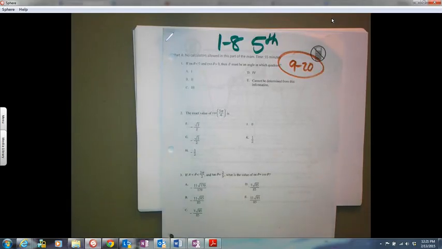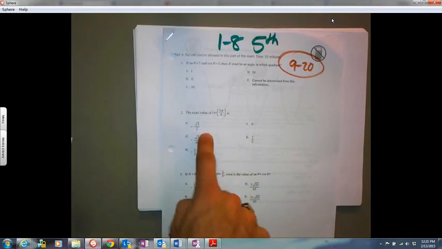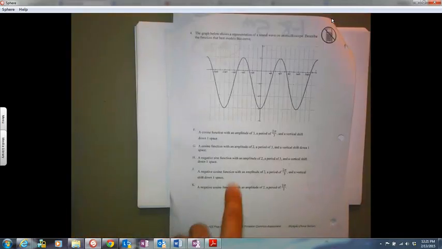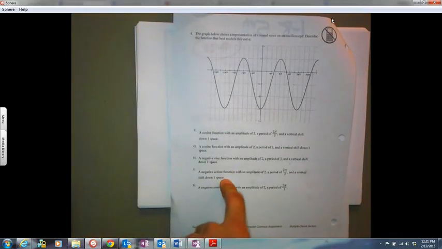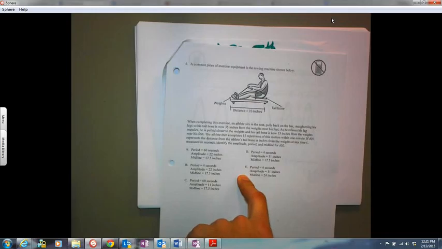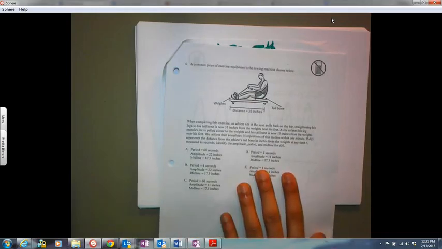Number 1 is D. Number 2 is F. Number 3, B. Number 4, seen this question before, is J. Number 5 is E. Number 6 is F. 7 is D. And 8 is H. We need to repeat?